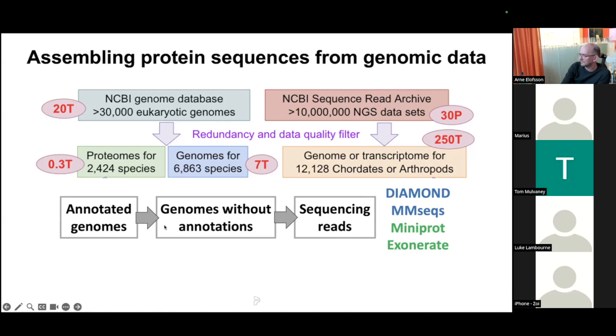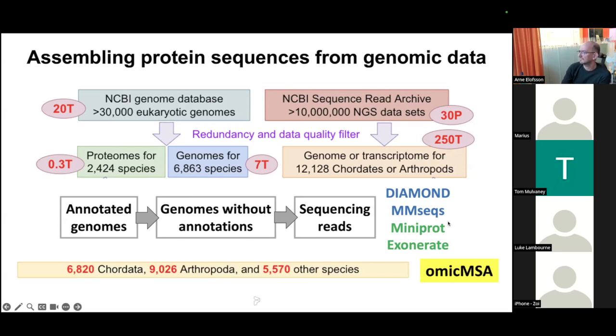Very briefly, we started from the genomes with proteins, and then used these annotated genomes to predict more proteins from the draft genomes without annotations. Then, with more predicted protein sequences, we used them to guide us to directly assemble protein sequences from genomic reads for higher eukaryotes. A lot of very excellent and fast tools developed by people in the field were very helpful for us.